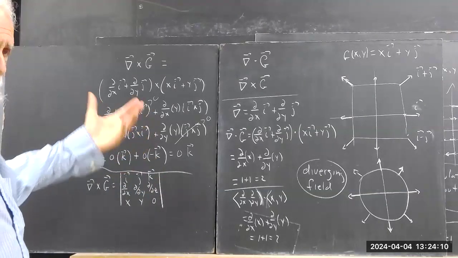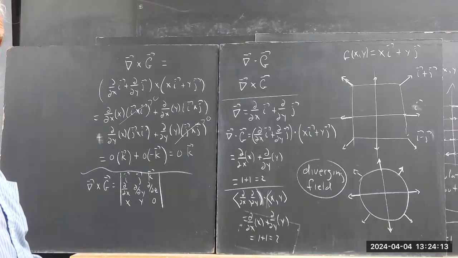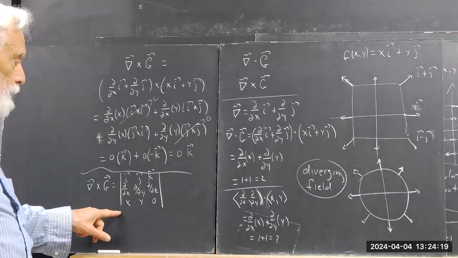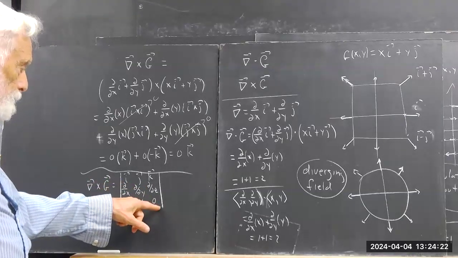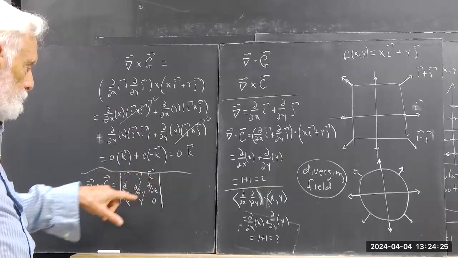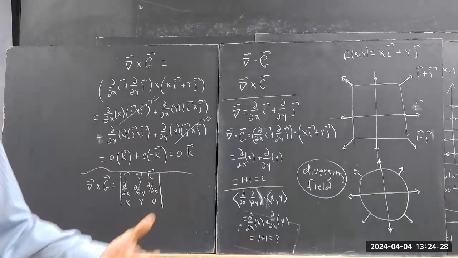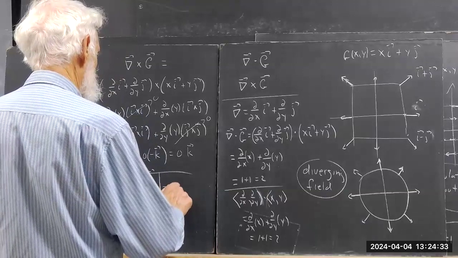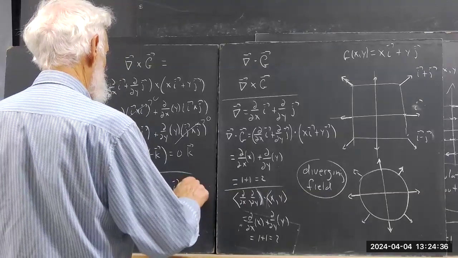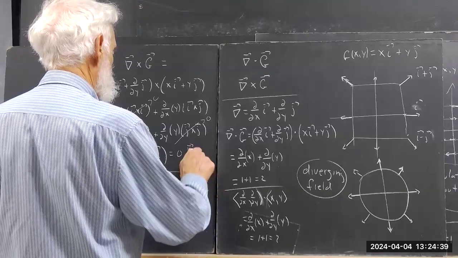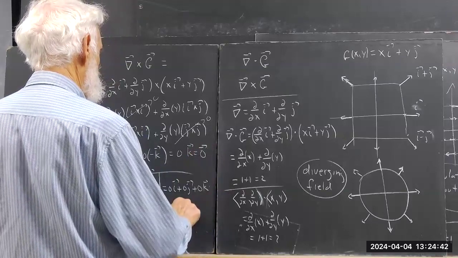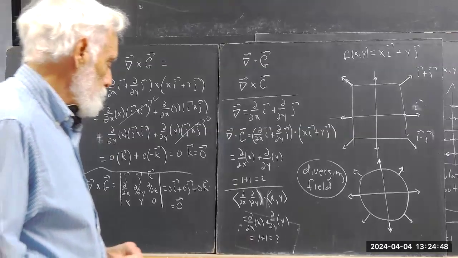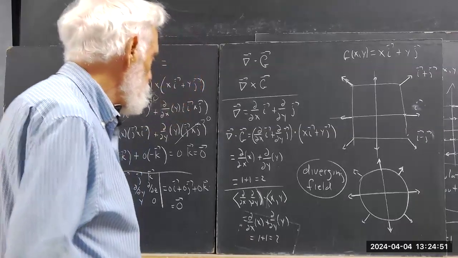Everything comes out 0, one way or the other. The partial with respect to x of 0 is of course 0. The partial with respect to z of x is 0. They're all 0. That's just the zero value.